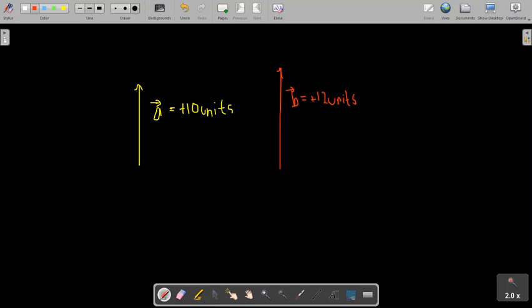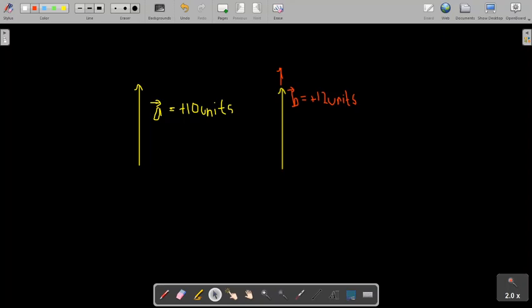So if I were to take this vector and just place it tail to tail attached with the second vector, you can clearly see the angle between them is 0. So when the angle between them is 0, if we want to find the magnitude of the resultant, we could just add the magnitudes up.